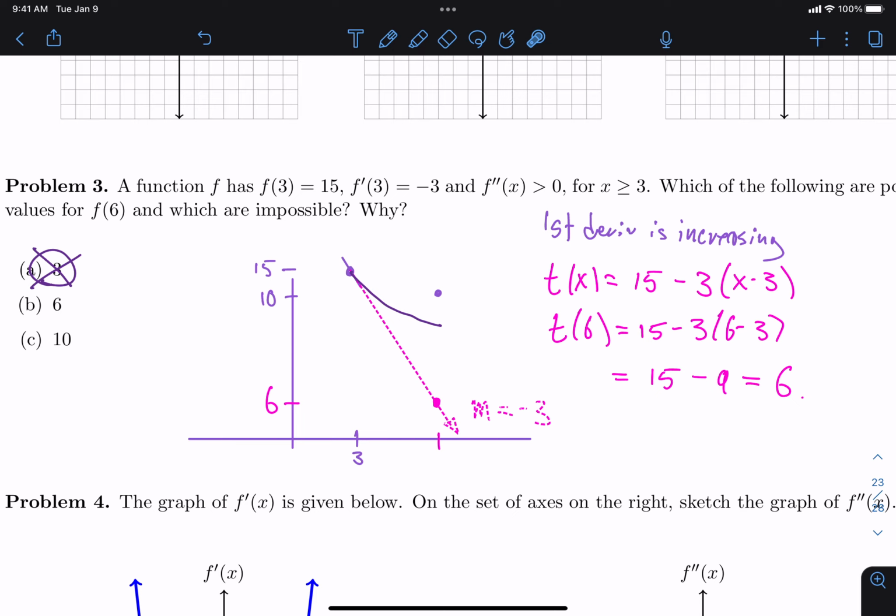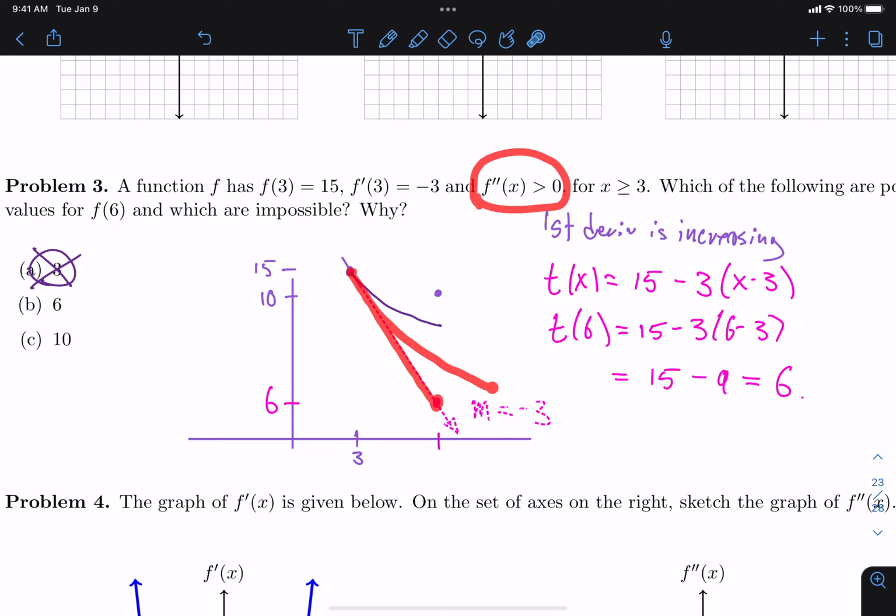Well, let me ask you, in order to get to 6, the best possible way would be to do a straight line. Is a straight line concave up? No, it doesn't have any concavity. Concave up, we need to have some curvature away. So if I have some curvature away, there's no way that I can actually get down to 6. I'd have to take an exactly straight path, or else I would need to be concave down at some point.